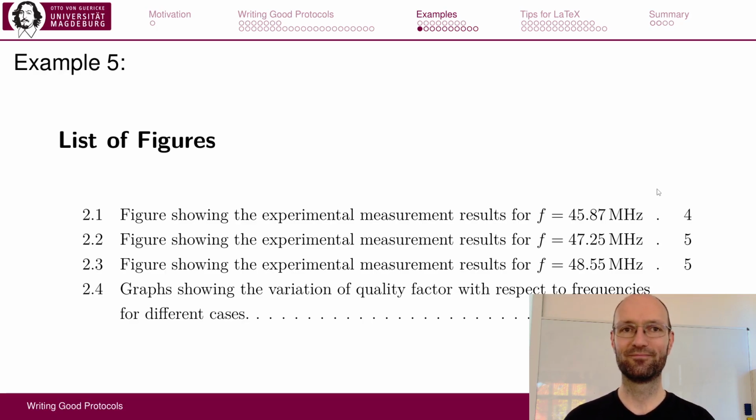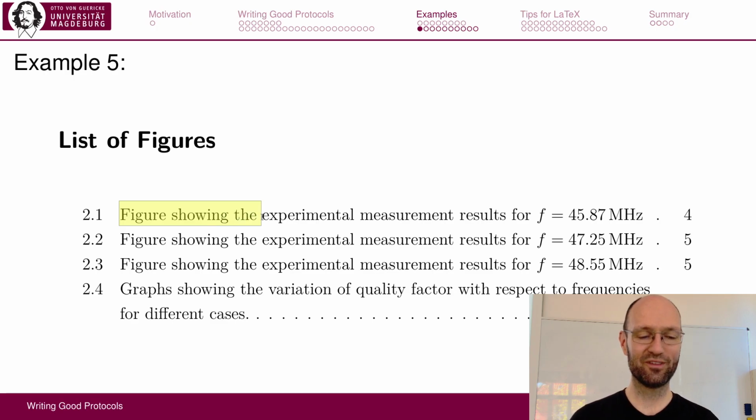Any idea? Proper labeling, more proper labeling. Yeah, if you have a figure caption and the caption starts with, this is a figure showing something, for sure it's a figure. The figure will always show something. So this is very obvious, not meaningful, totally redundant information.